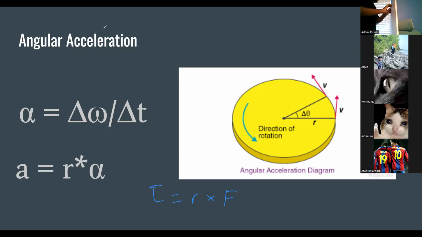Picture a door, right? If I want to close it, and I push the door right at the hinge, is it going to be easier or harder to close than if I push it at the edge of the door away from the hinge?